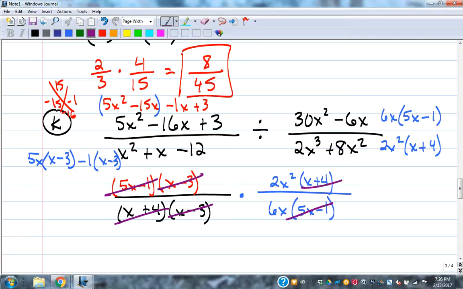So all we got left is 2x squared over 6x. 2 goes into itself once and into 6 3 times. This x squared, one of those x's cancels. So all that's left is x over 3. That big ugly problem.